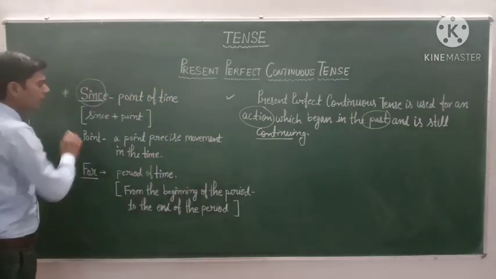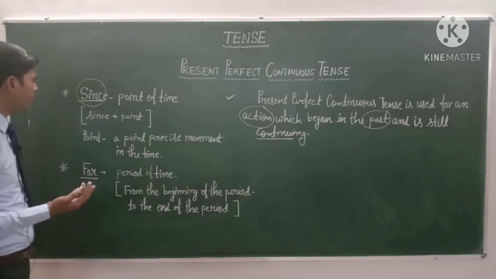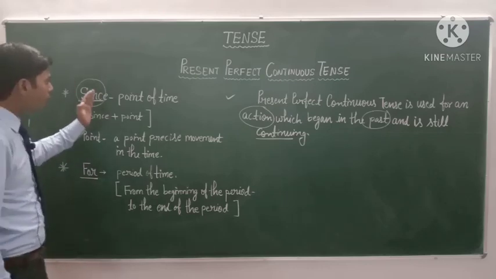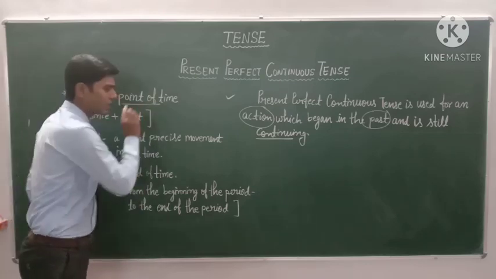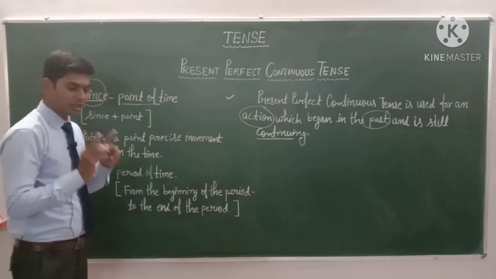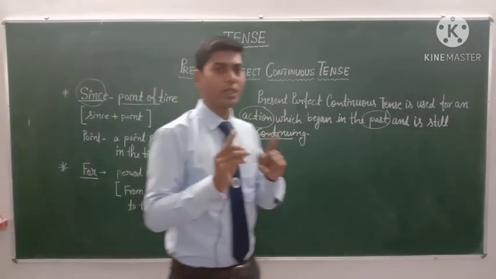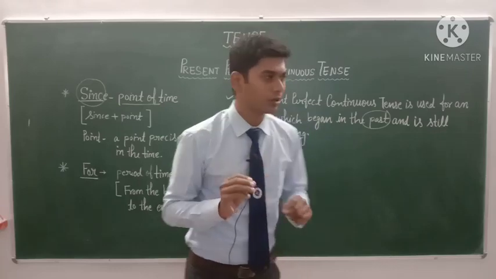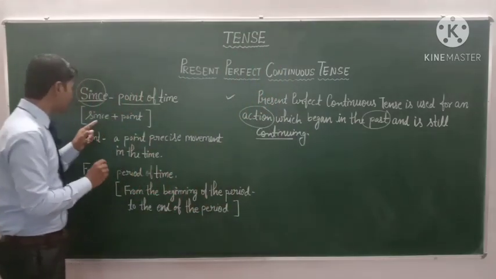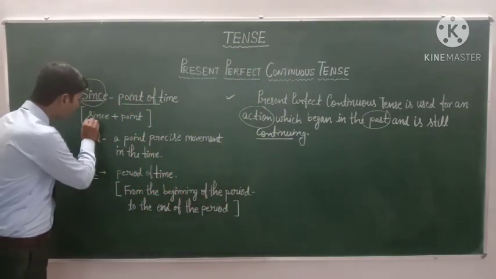What is the use of since? Let's try to know. It shows the point of time. The word since shows the point of time. Point of time means first of all we should note down since.